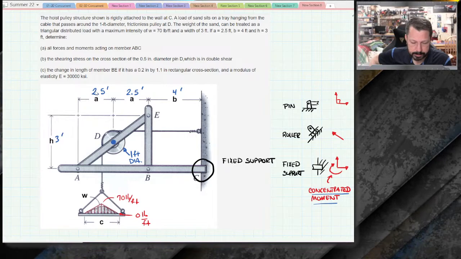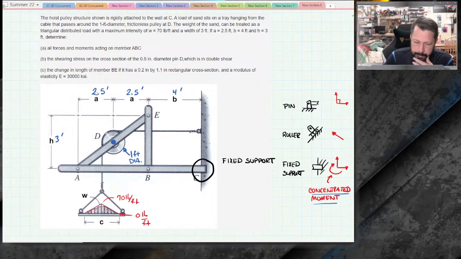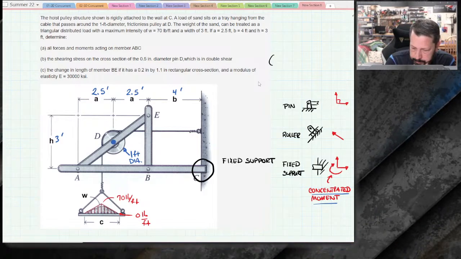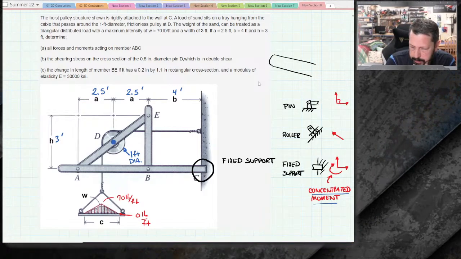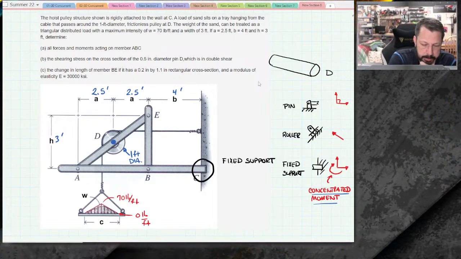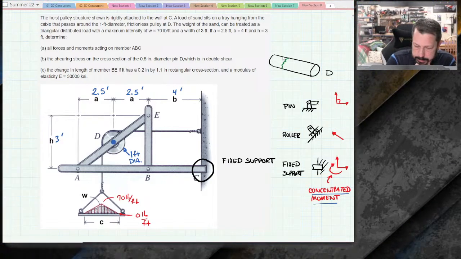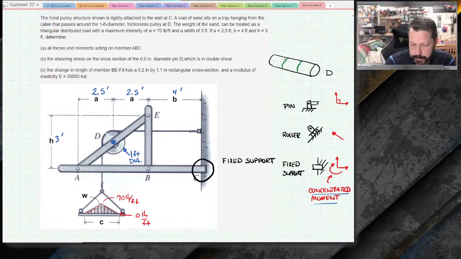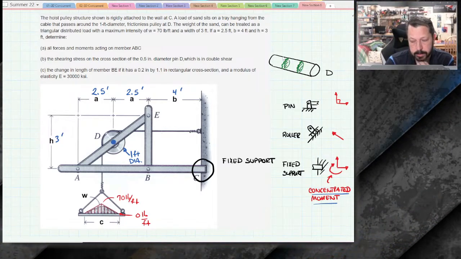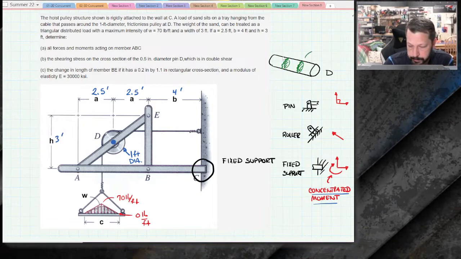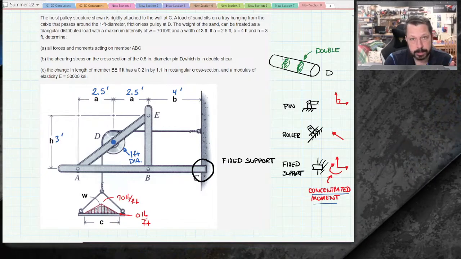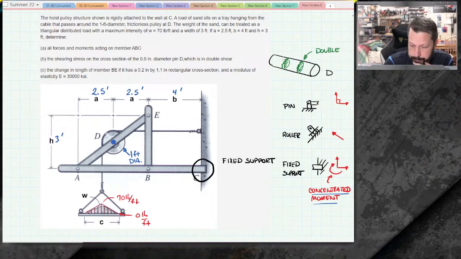So what that means is, I don't know how it's arranged, but if this is the pin at D, then somehow it's going to break in 2 places. That's double shear. So it's going to have two circular cross sections that are in shear stress. And the double is referring to it has to shear in 2 places for it to actually come apart.